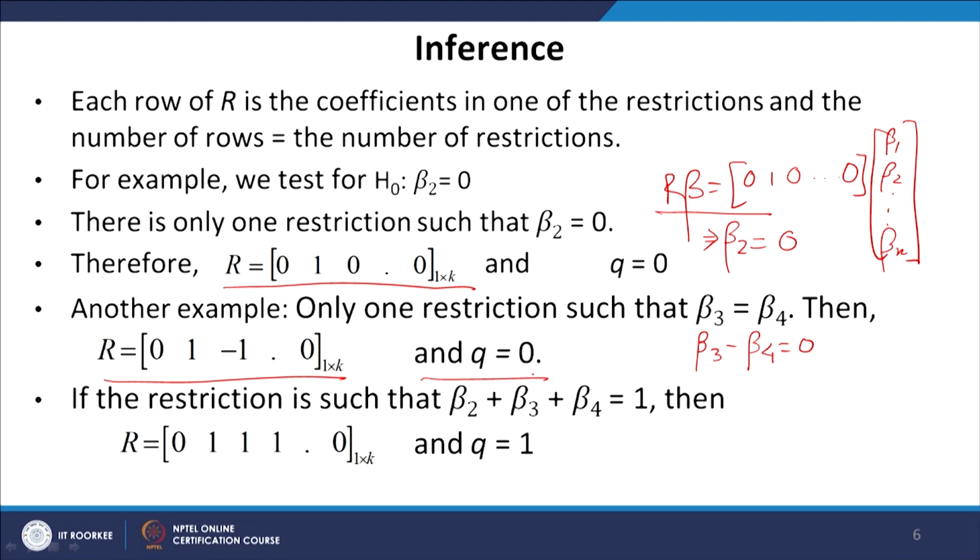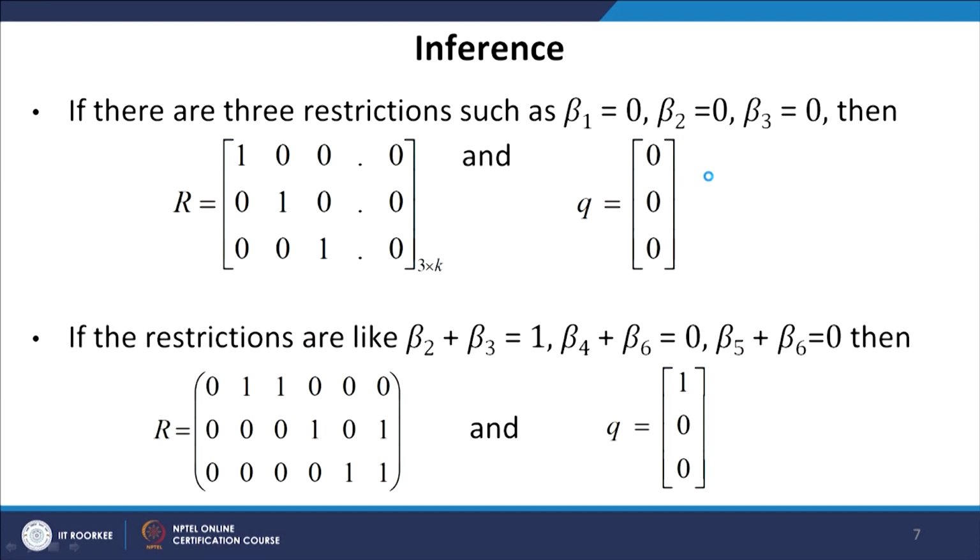Similarly, if the restriction is such that beta 2 plus beta 3 plus beta 4 is equal to 1, then again I have only one restriction, and multiplying R with beta, we obtain beta 2 plus beta 3 plus beta 4 equals to 1, where q equals to 1. This is how we present the restrictions in matrix form.